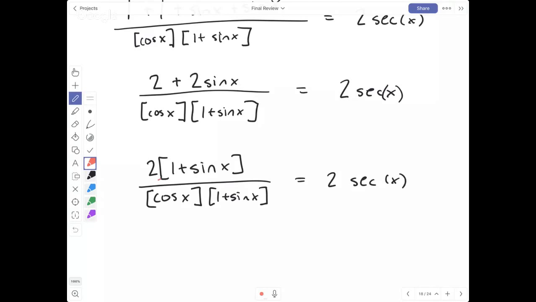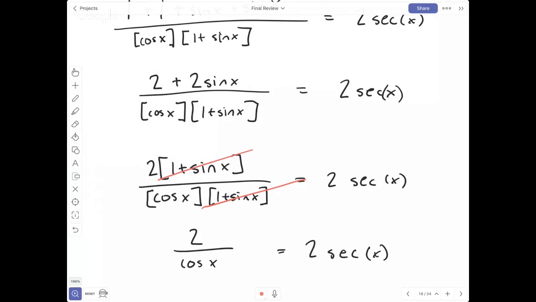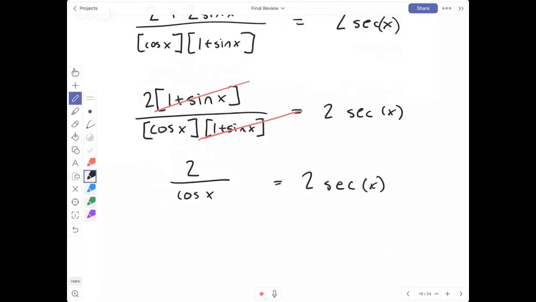What's going to happen here? Well, clearly they will cancel, and I will have 2 over cosine x. And what is cosine x if not the reciprocal of secant x? So if I have 2 over cosine x, clearly I have 2 secant x equal to 2 secant x.